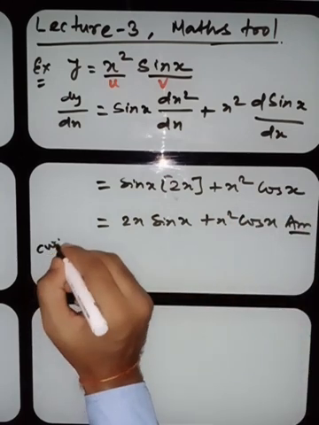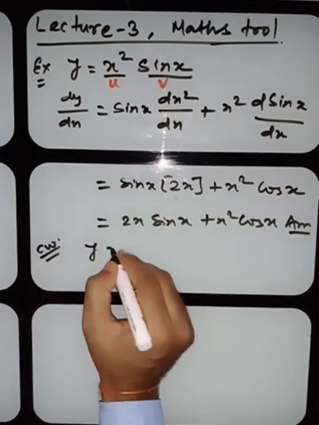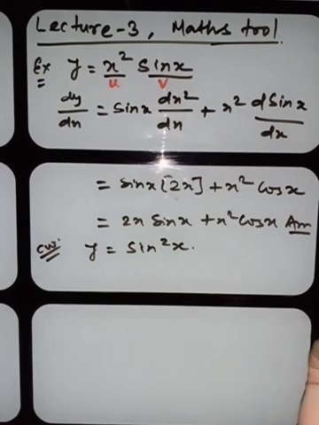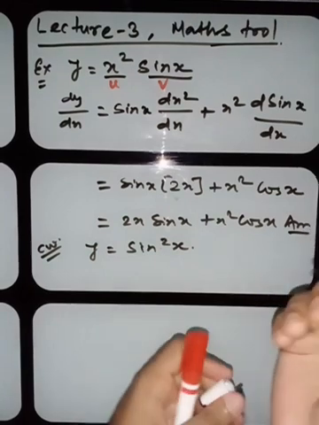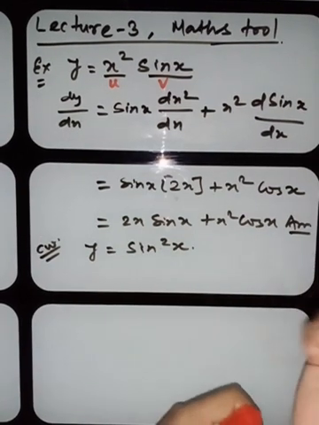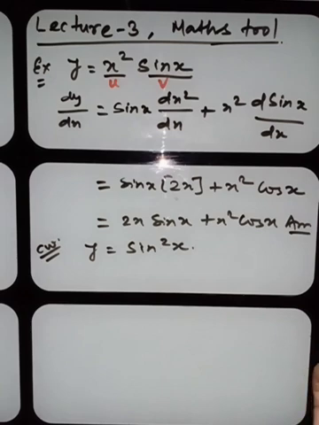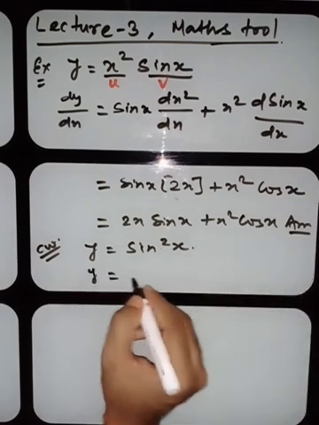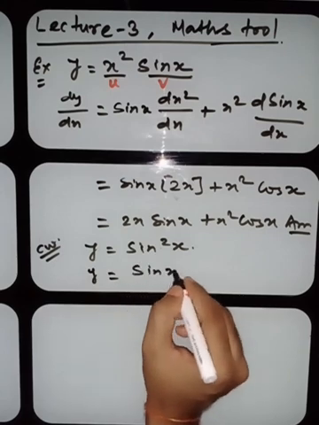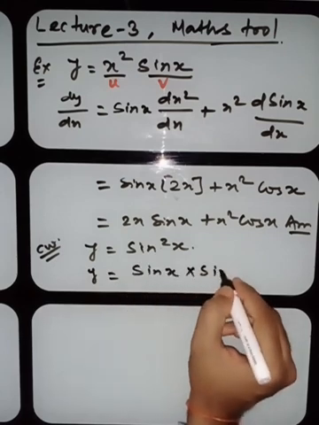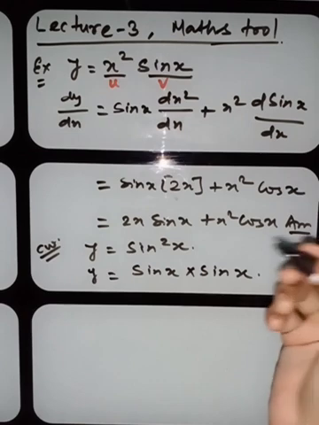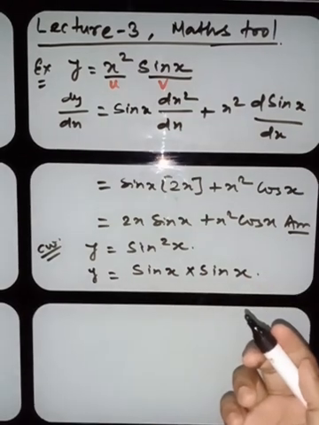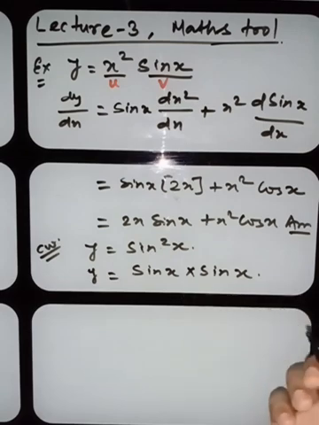Now the next question. If y is sin square x, how will you do the differentiation? How will you differentiate this sin square x? Now this can be written as sin x into sin x. Could you differentiate this, my dear students? Yes, u into v, here u and v are both the same.